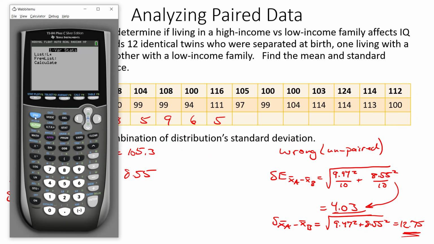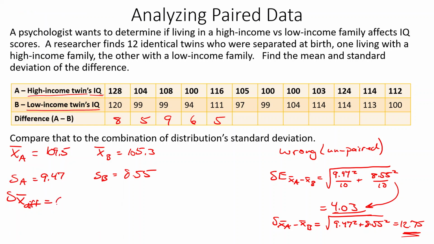But now we're using the difference, which we put in L5, which gives us a standard deviation of 6.53. All right, so that's the standard deviation of the difference. And I suppose I should write this as standard deviation sub A minus B, which notice is much smaller than this standard deviation. It's almost half of it.